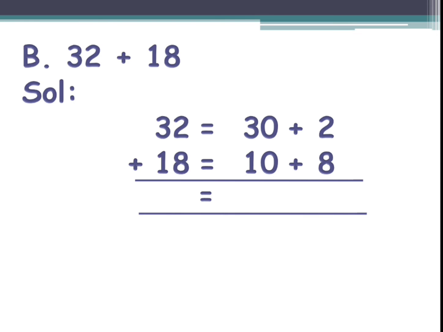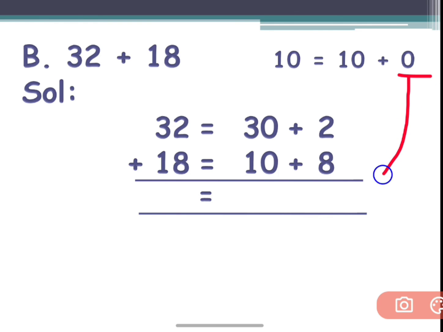10 means again 2 digits. But when you add and write in ones place, you have to write only 1 digit. When you expand 10, it becomes 10 plus 0. So 0 is the ones place where you will write in the answer, and this 10 you need to carry to the tens place, because it is tens.